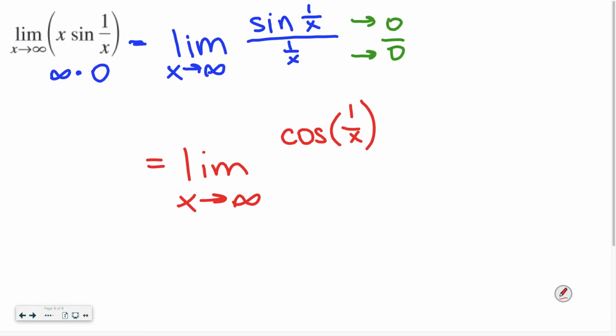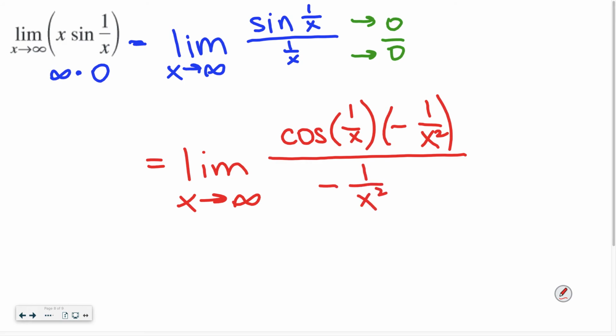The derivative of x to the negative first is negative x to the negative second. Coincidentally, our denominator is x to the negative first, and its derivative is negative x to the negative second. That worked out nice, right? Before we evaluate, we need to simplify.